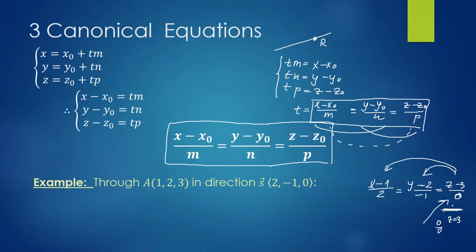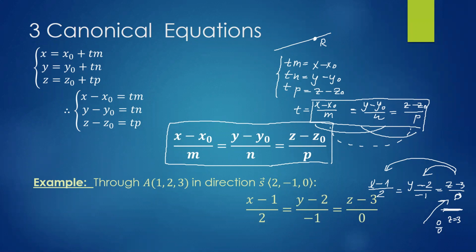That's the meaning of the 0 in the denominator in this case. We are not required to divide, so we don't have to worry about impossibility to divide by 0. We are simply stating this ratio will only make sense, any sense at all, if z is 3. And so the equations, of course, are the same.